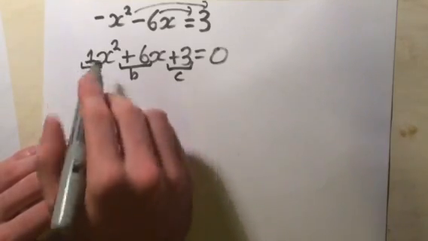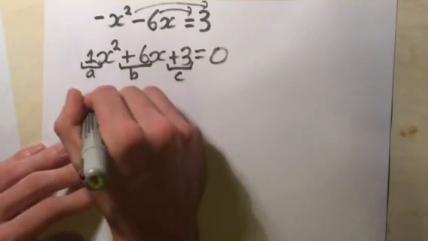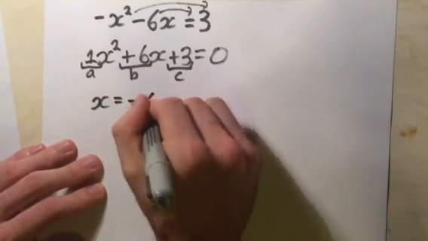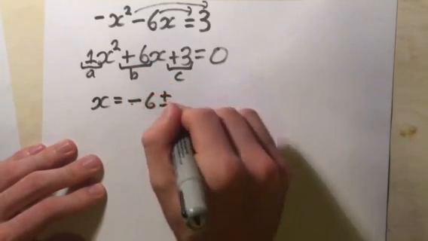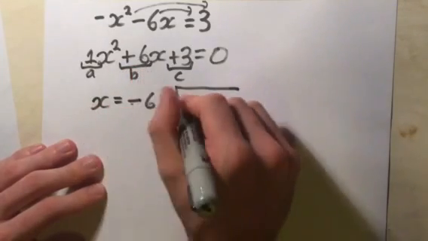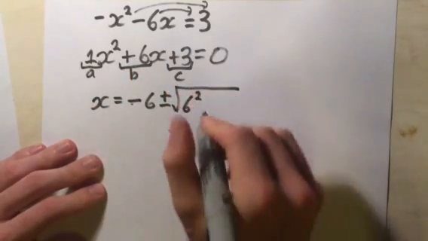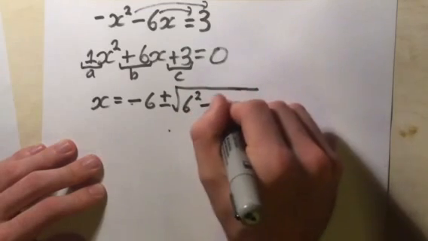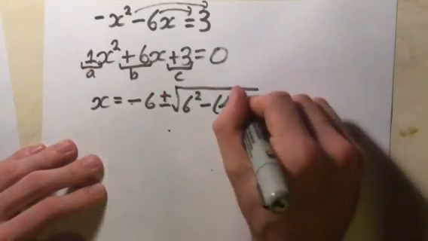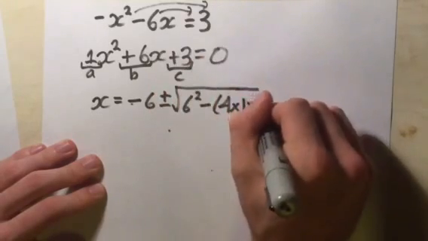So we know that our answer to this quadratic is going to be given by x equals minus 6 plus minus the square root of b squared, which is 6 squared, minus 4ac, which is 4 times 1 times 3.